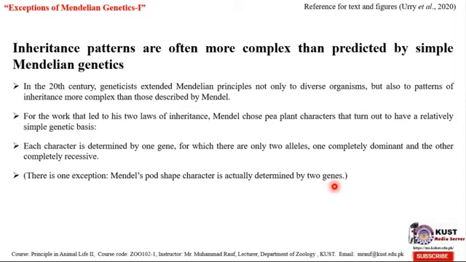So Mendel was lucky in a way that he studied only the pea plant, and the characters which Mendel studied were controlled by a single gene, and this single gene had only two variants. But this is not the case throughout the living kingdom.